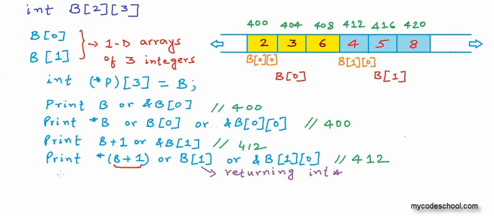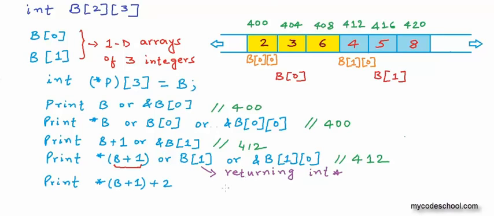Okay, now you need to gear up because I'm going to give you some tough ones to decode. What will be the output if I print *(b + 1) + 2? Take some time and think about it. *(b + 1), as we saw above, returns an integer pointer to the first integer in b1, the integer at address 412.